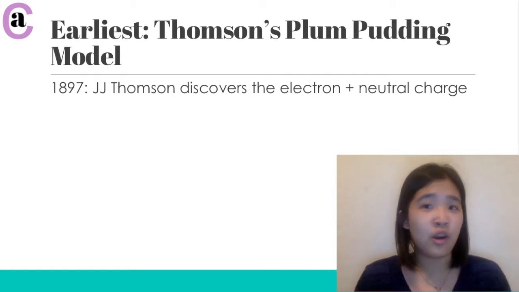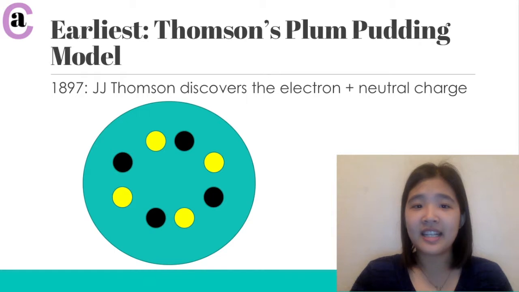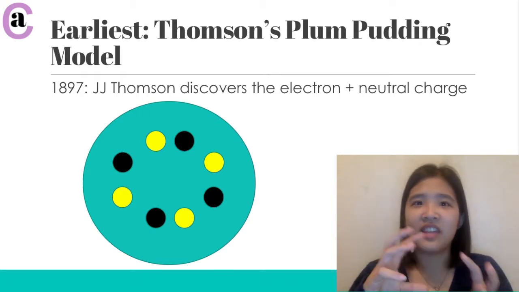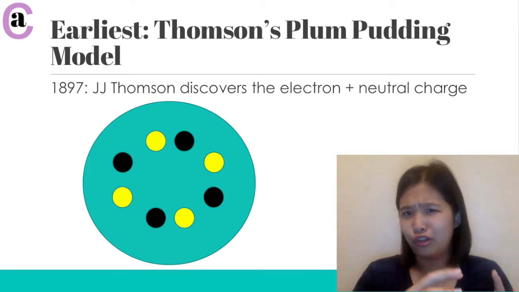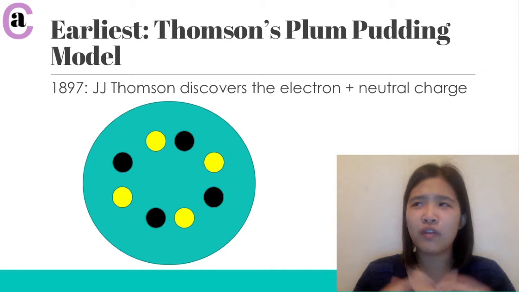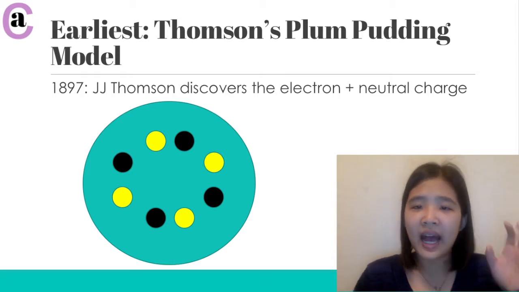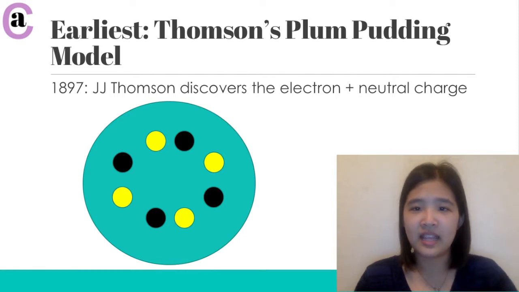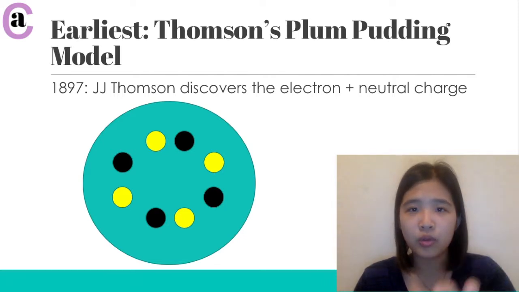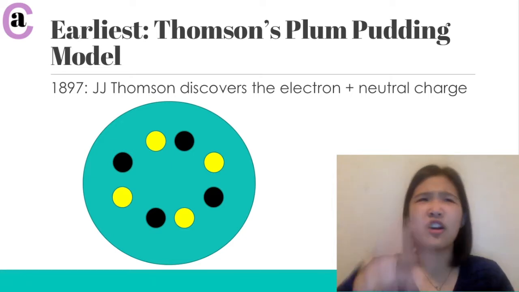Nobody really eats plum pudding today, but the idea is like this. In this model, I have everything laid out very proportionally, and it looks very neat. But you can think of a chocolate chip cookie where you have a lot of different ingredients, in this case the electrons and the protons, and they are all in there, but they're scattered in different areas.